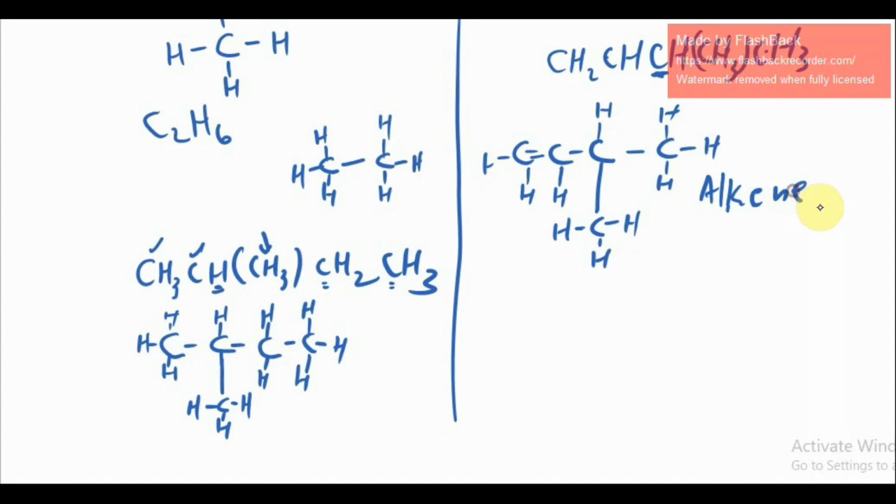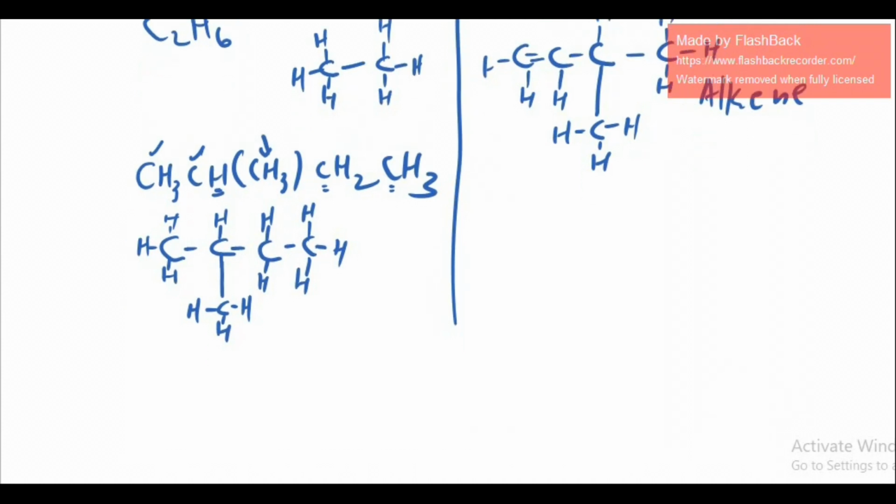The homologous series for this one is alkene because there is a double bond between carbon atoms. Then all of these are alkanes because there is a single bond between carbon atoms. All of them are hydrocarbons because they only contain carbon and hydrogen.